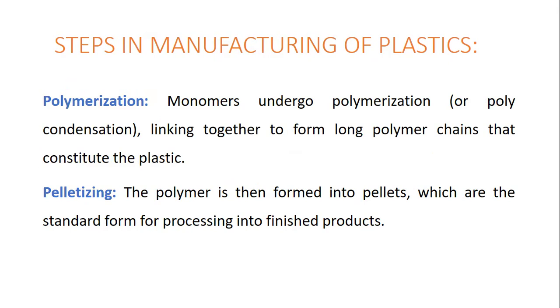Next one is polymerization. The small monomers undergo polymerization by linking together into a long polymer chain that will form the plastics. Next one, pelletizing. The polymer is then formed into pellets, which are the standard form for processing the material into finished products.